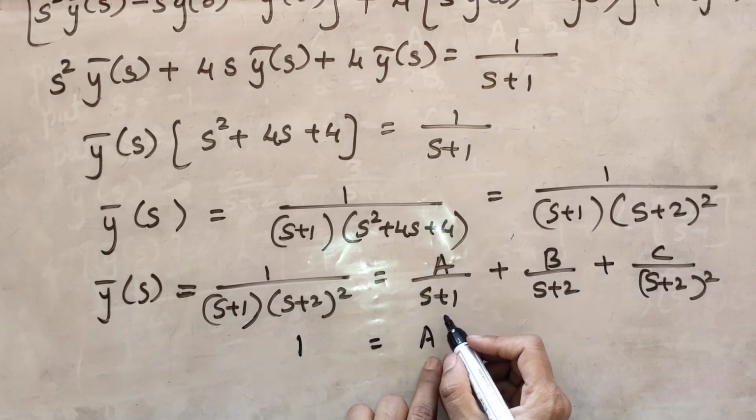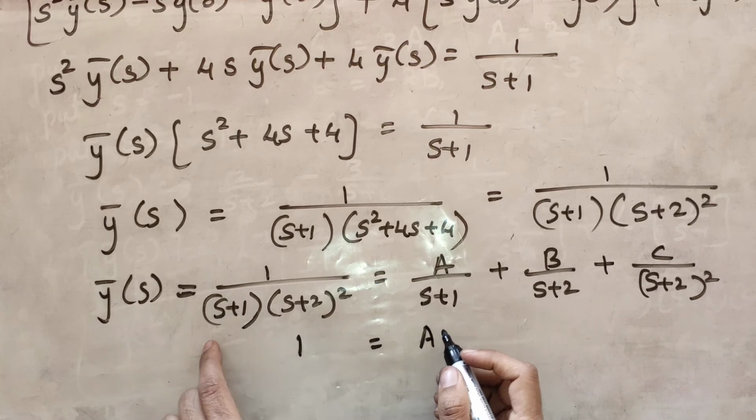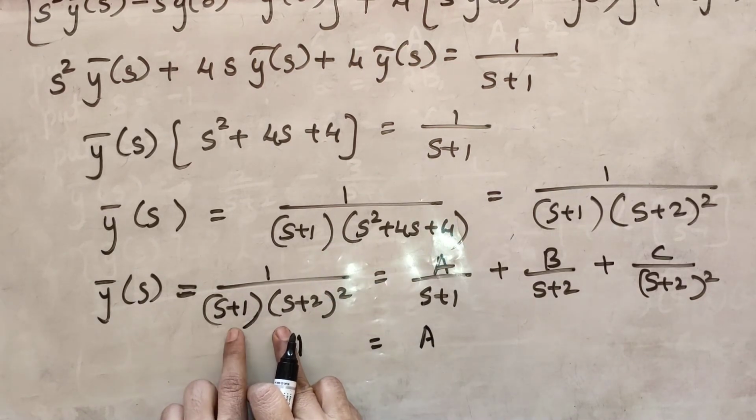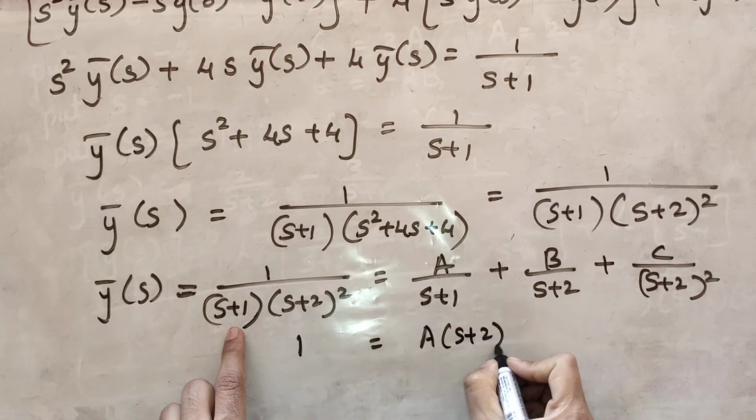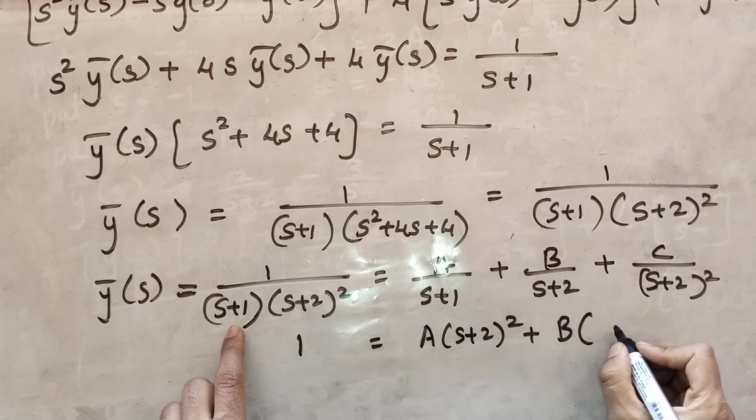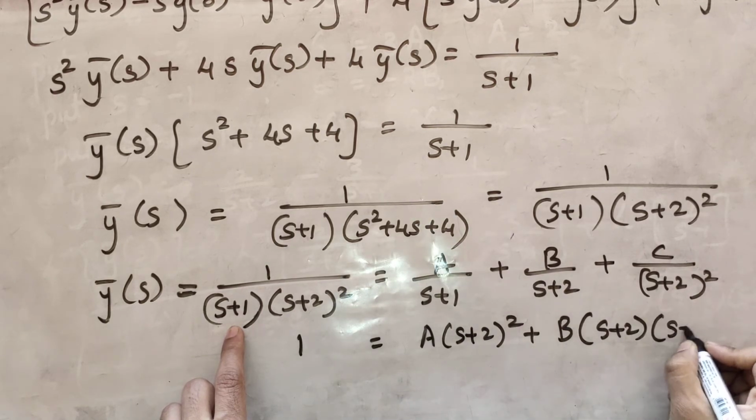What is absent in the denominator of A? The complete denominator should be this. What is absent? S plus 2 the whole square is missing. In the denominator of B, S plus 2 and S plus 1 are missing.